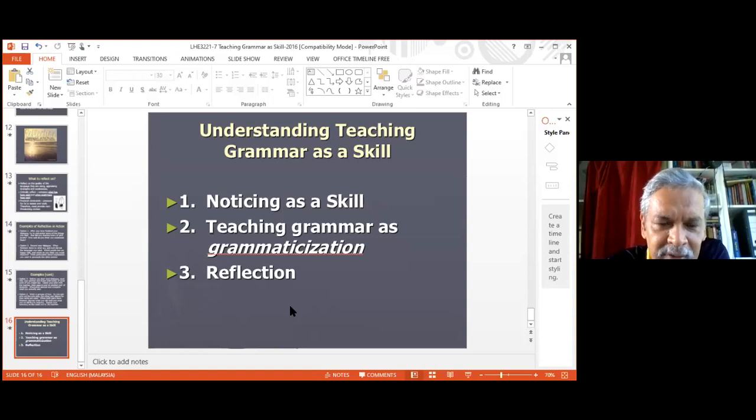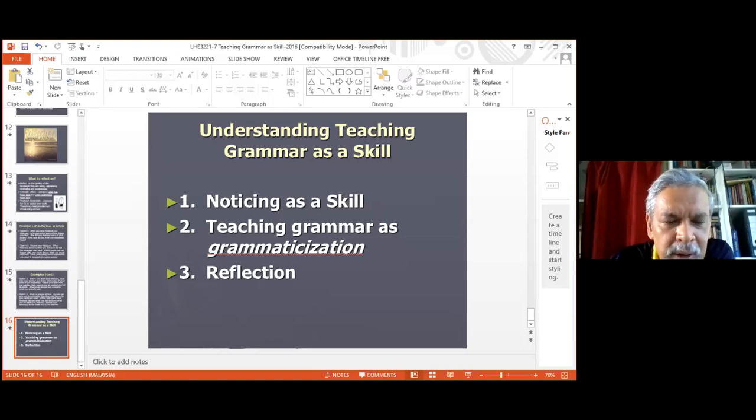And finally, reflection. These are skills that help develop, maybe not motivation, but the ability to learn and maybe even acquire the language.